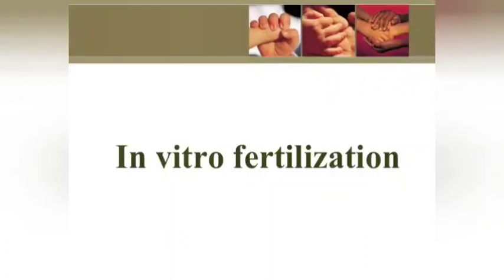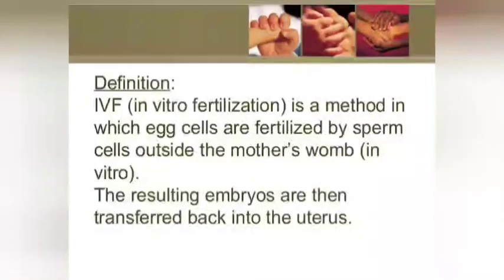First is IVF, that is in vitro fertilization. In vitro fertilization is a method in which egg cells are fertilized by sperm cells outside the mother's womb. That's why it is called in vitro.